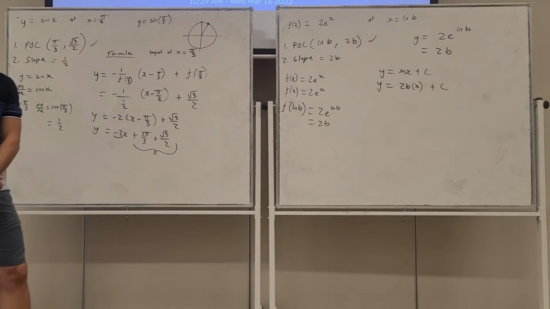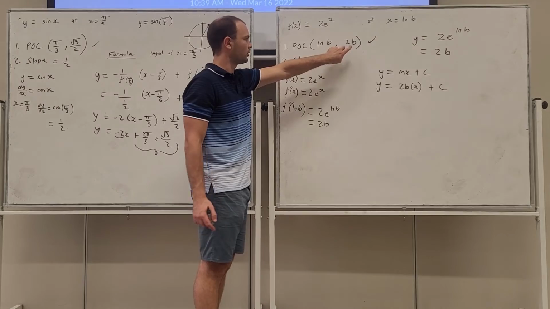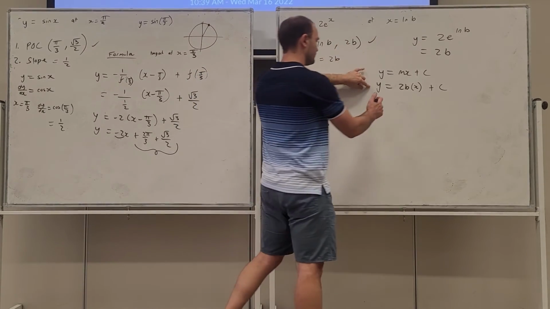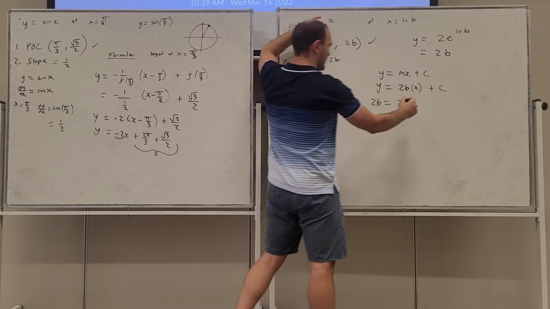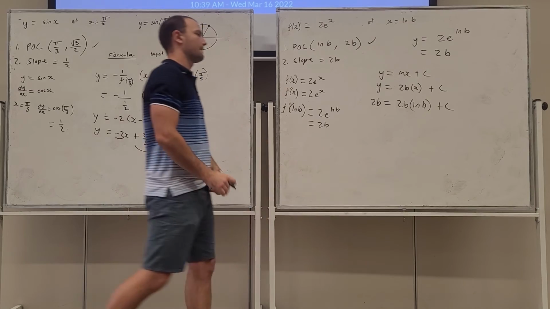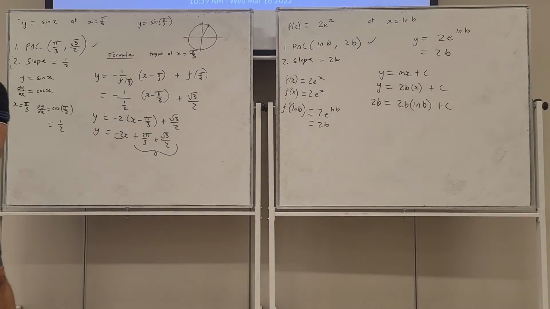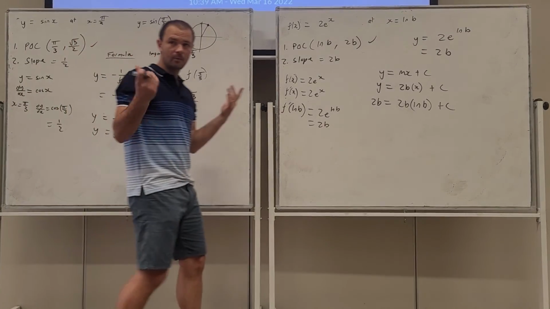We input the slope, and then we input the point of contact. We're going to put 2b where the y is, and we're going to put ln(b) where the x is, and then we've got plus c. And we want to get c by itself.